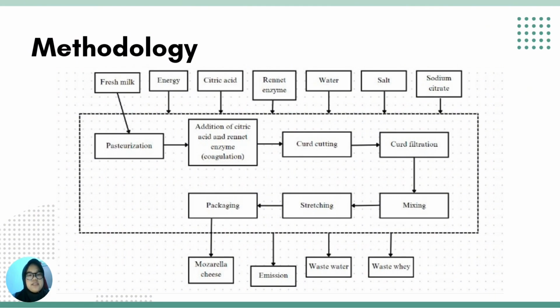The stretching process makes the mozzarella cheese texture as good as what we always know. After stretching the curd, we package each of the mozzarella cheeses into smaller packaging that we later distribute, batch by batch, to the stores.